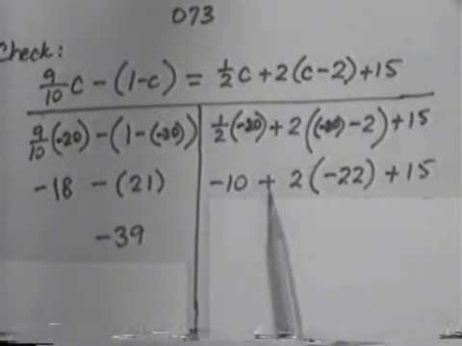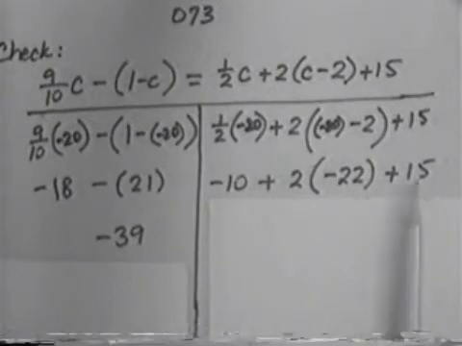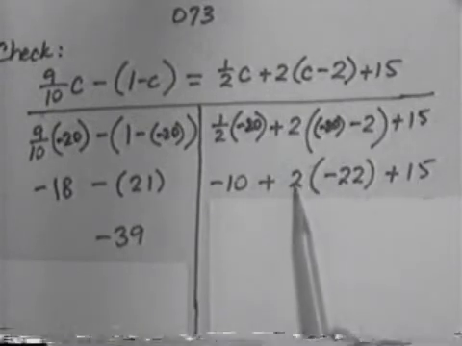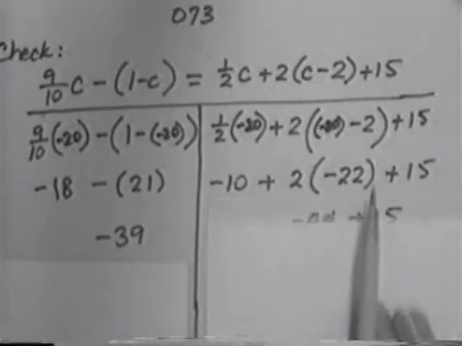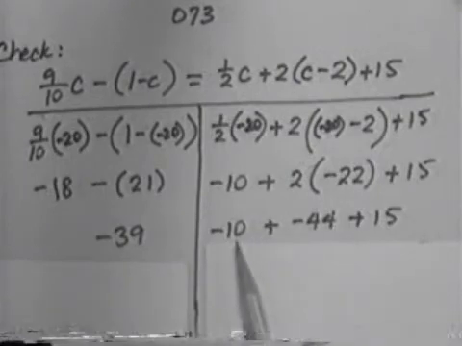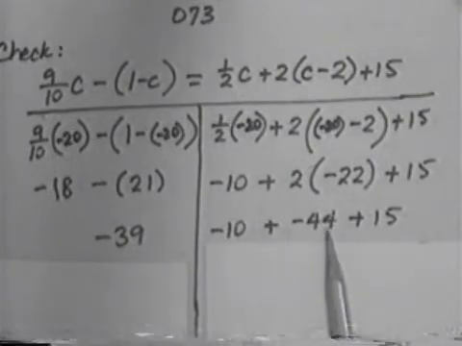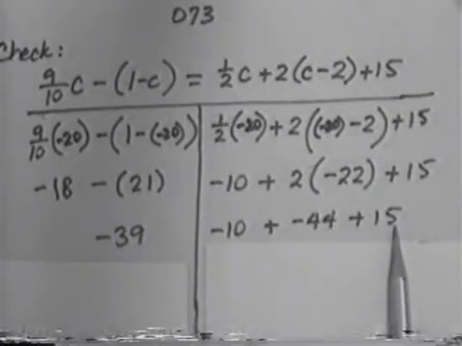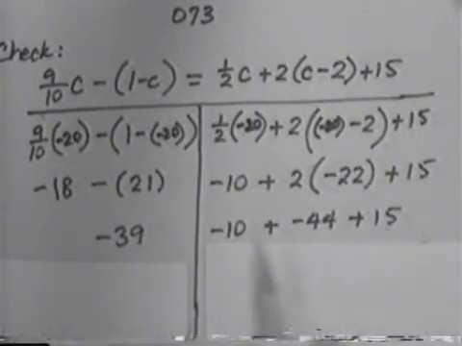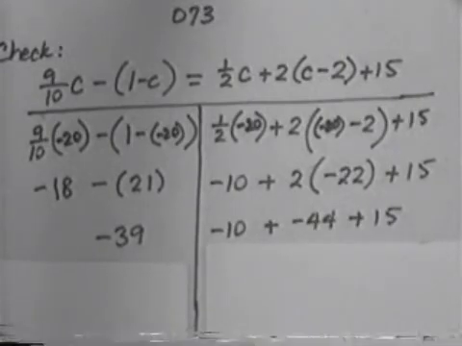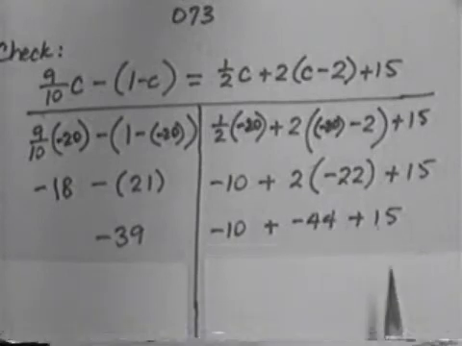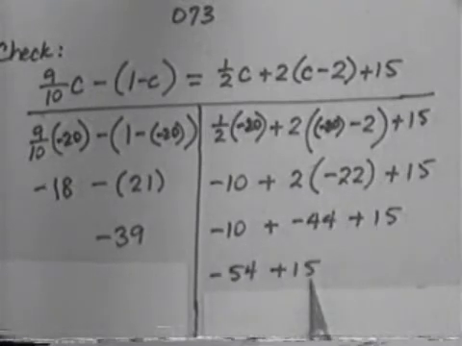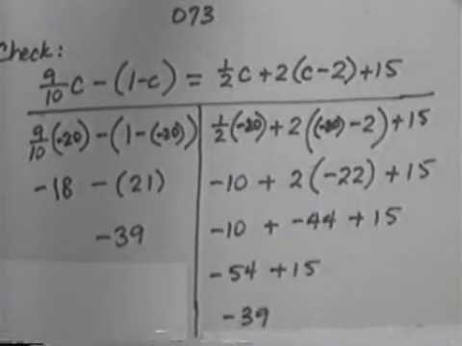On the right, we have add, multiply, and add. We must multiply first. 2 times negative 22 is negative 44. And so we get negative 10 plus negative 44 plus 15. Negative 10 plus negative 44 is negative 54. Negative 54 plus 15 is negative 39.